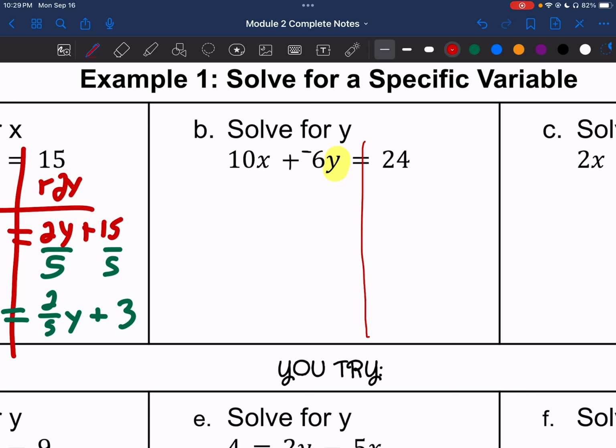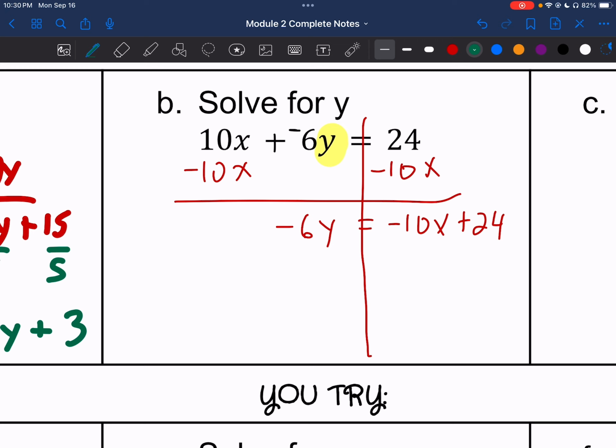So the first thing we need to do, since we realize that it's addition there, we're going to subtract 10x from both sides. And we get negative 6y is equal to negative 10x plus 24. So my next step is to then divide both sides by negative 6.